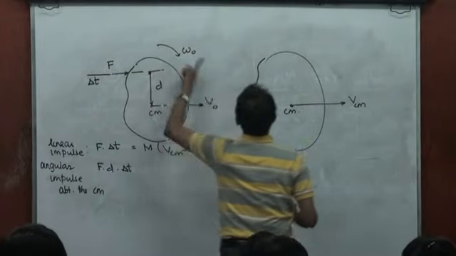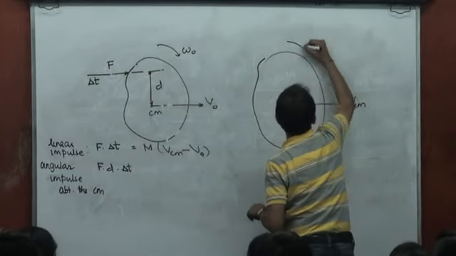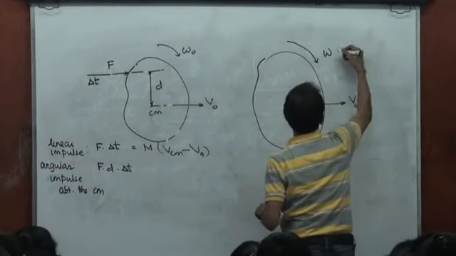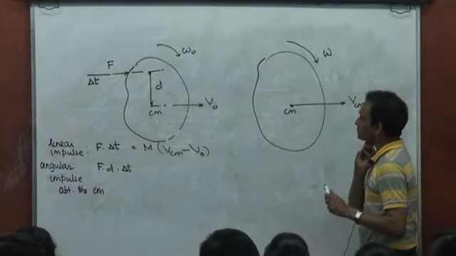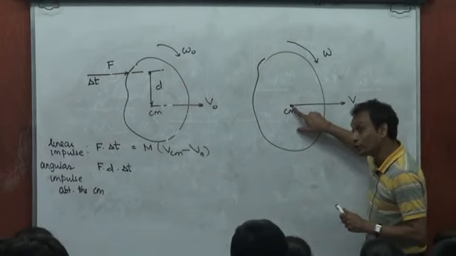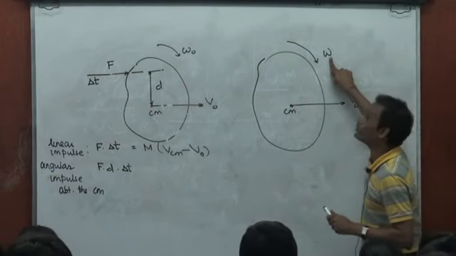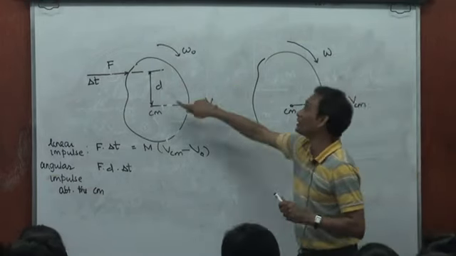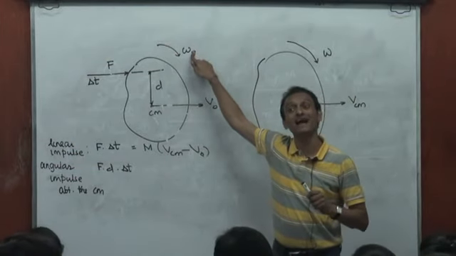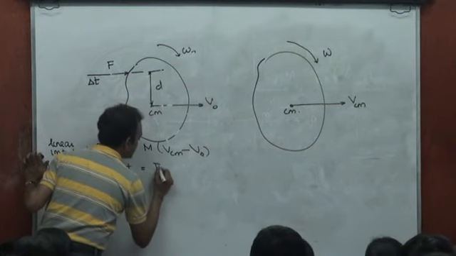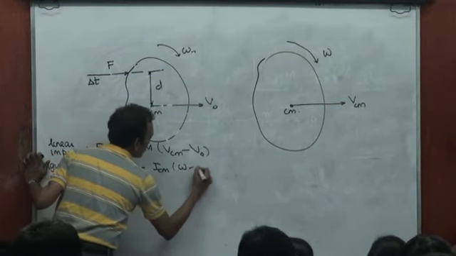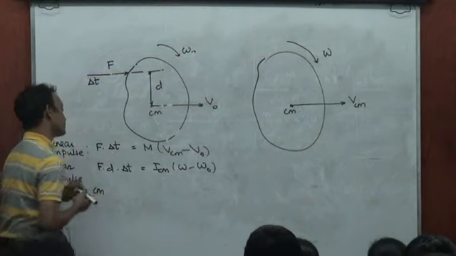So, if the initial omega was omega naught, and just after the impulse the omega became omega, then the final angular momentum about the center of mass is going to be ICM omega, and the initial angular momentum about the center of mass is going to be ICM omega naught. So the change in angular momentum is going to be ICM into omega minus omega naught.